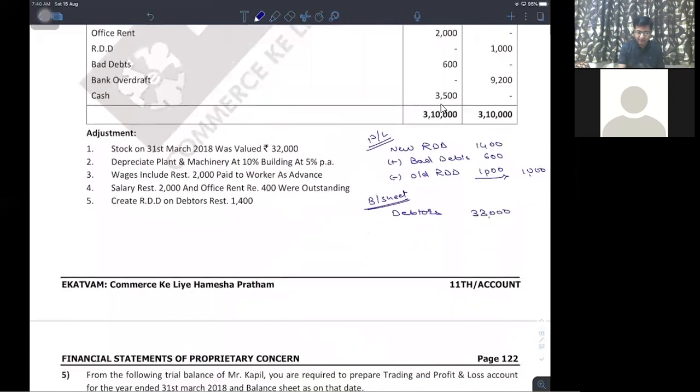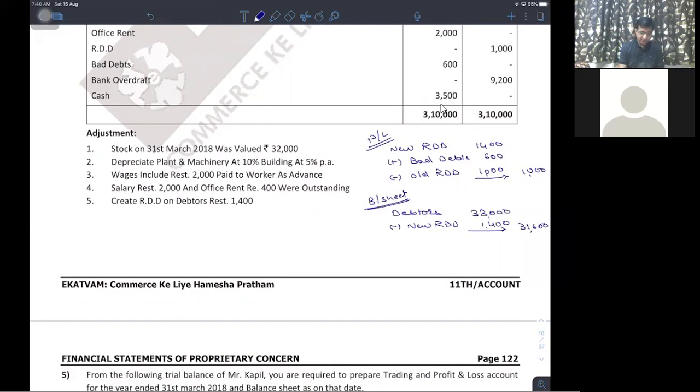All right. And from that, you need to subtract the new RDD. Less new RDD. How much? 1,400. Therefore, the balance appearing in the balance sheet on the asset side is 33,000 minus 1,400, that is 31,600. I hope you understood the point.